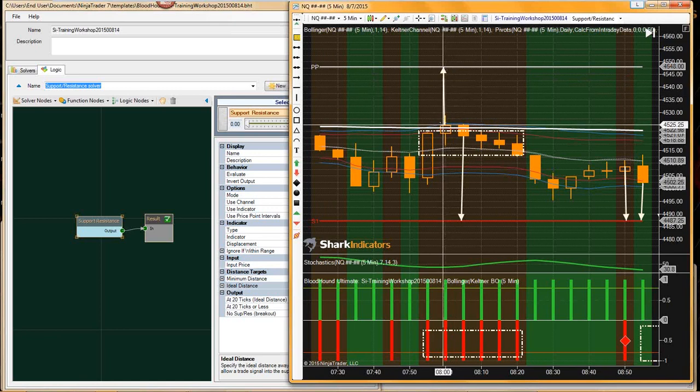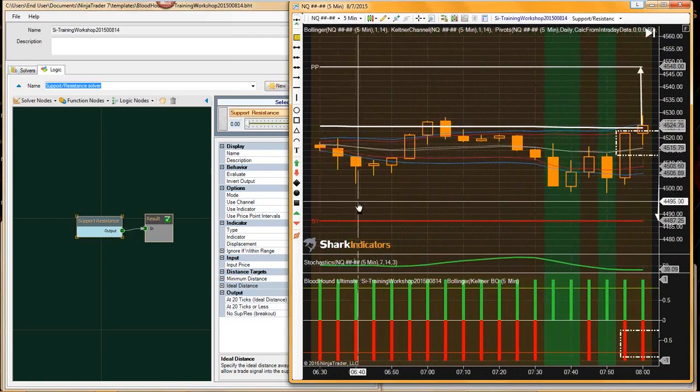So there's at least an 80 tick clearance up to resistance, and that's why we're getting a long output here. The current closing price of all these bars is more than 80 ticks away from the PP line, so that means we can take a long trade because we have enough distance. This distance is great enough that we can take a long trade into resistance.